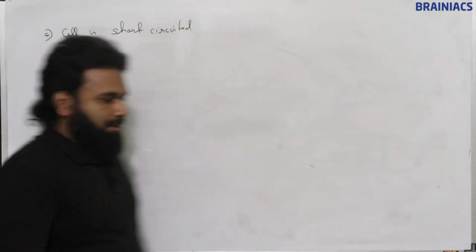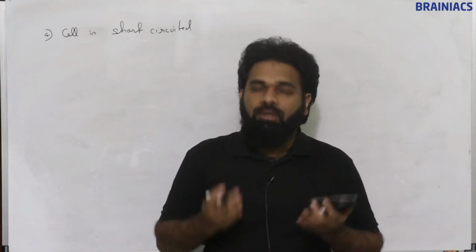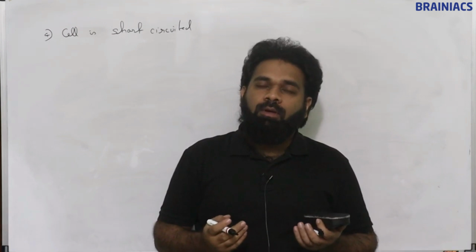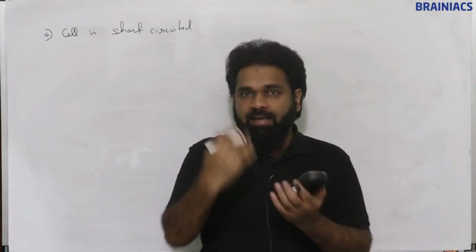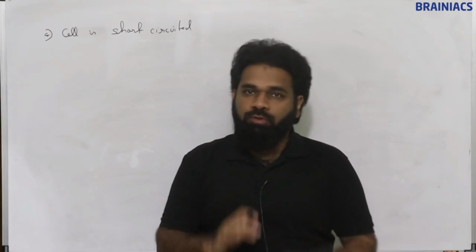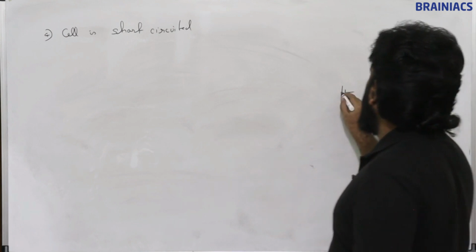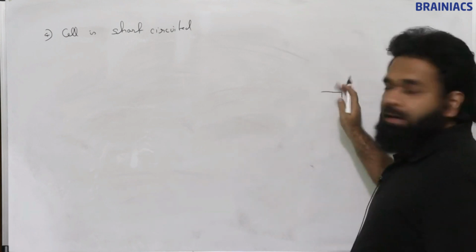Short circuit means, actually, if there is resistance, the resistance will take some voltage, and definitely the current in the circuit will also be less. Say, for example, if you take a cell, internal resistance is there anyway.